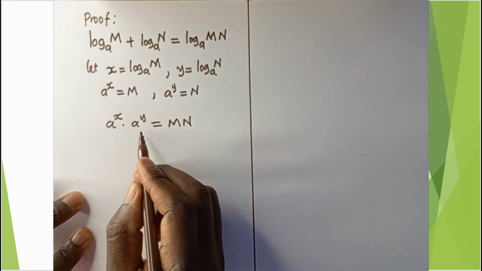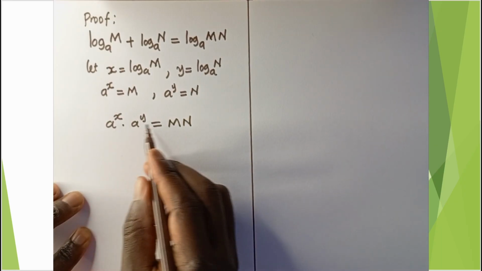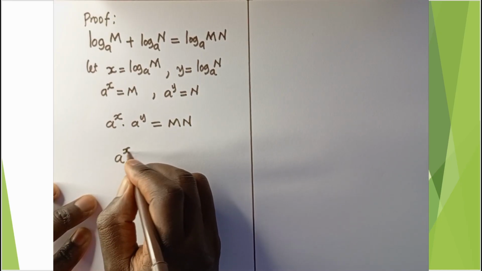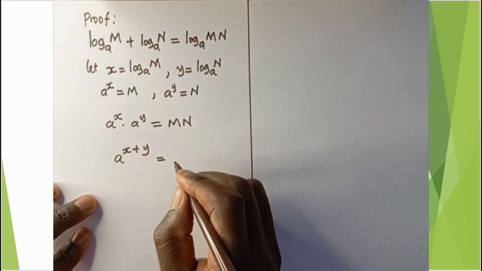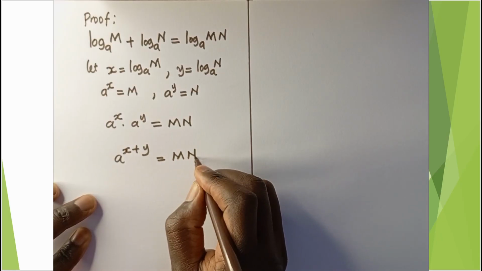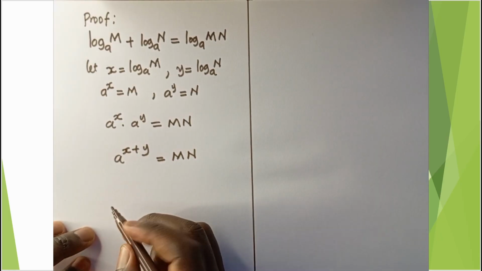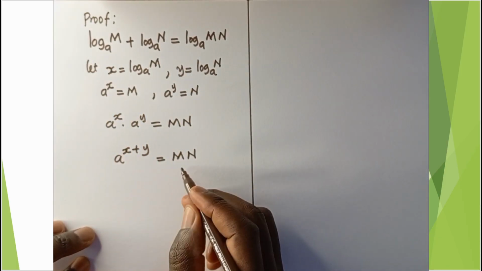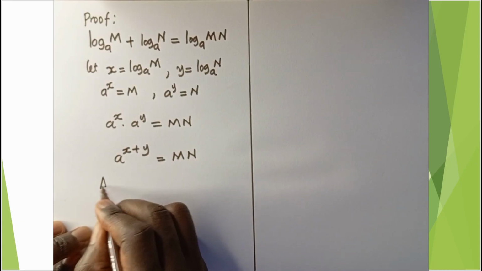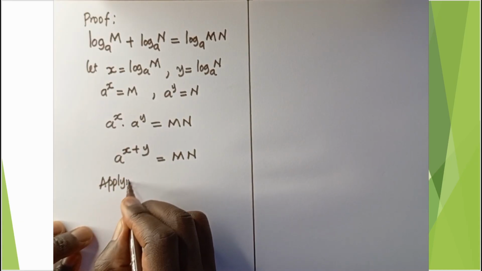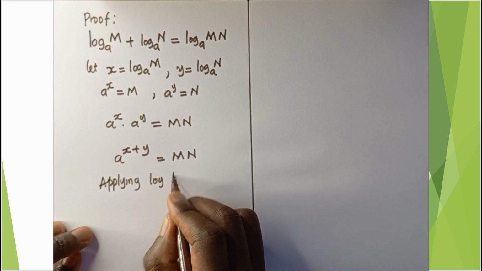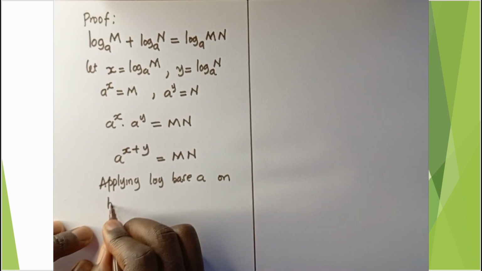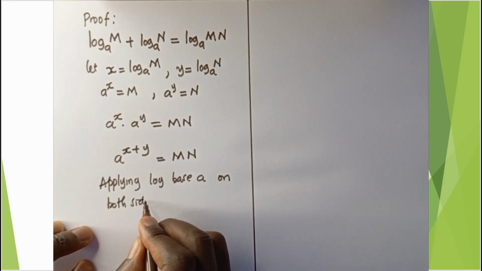Now whenever we multiply the same bases, we add the powers. So we have a to power x plus y is equal to mn. Since the base we are dealing with is a, we apply log base a on both sides.